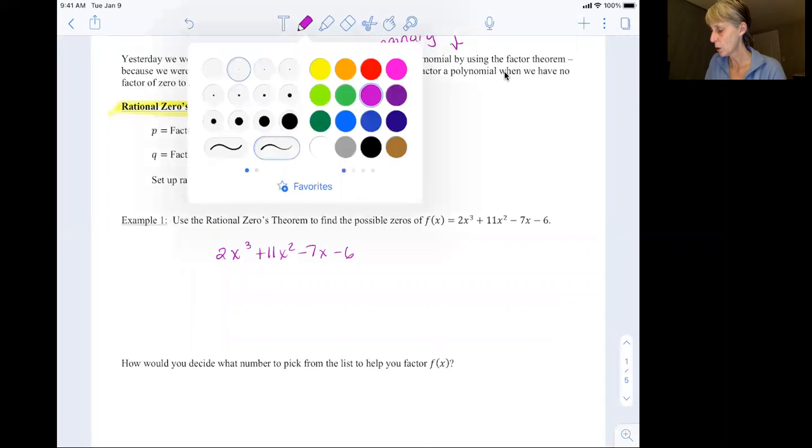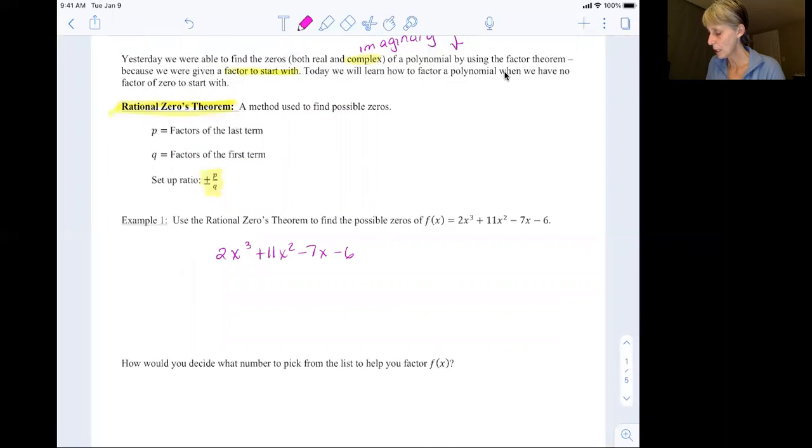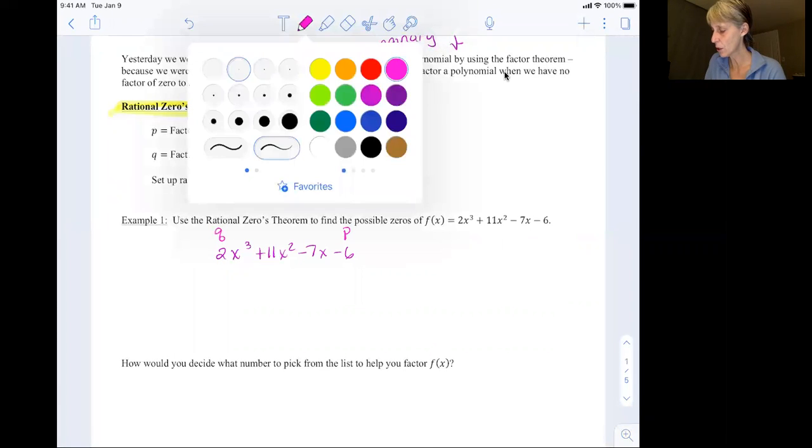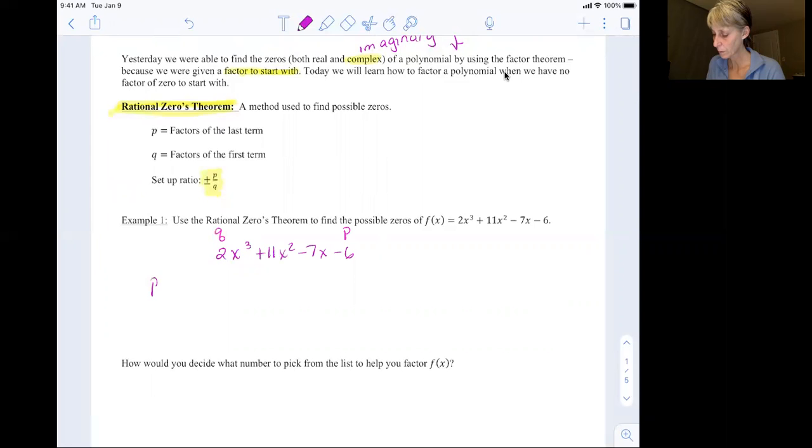Now remember, we're going to let P be the factors of the last term and Q be all the factors of the first term. So P, think about it. What numbers multiply together to give you 6? So we have 1 times 6 and 2 times 3. So I'm going to list those factors. That's all I'm doing. And then I identify my factors of Q. Q is easy. It's just 1 and 2.